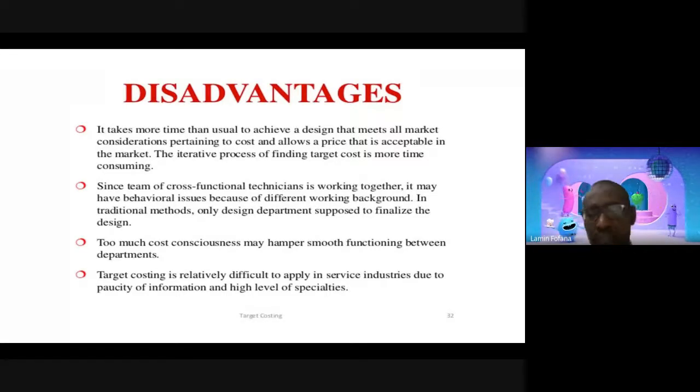So that's the most important disadvantage. But overall, it is the best way to employ if you want to produce and make profit out of your business, because whatever selling price you are charging, you've already determined that from the onset.